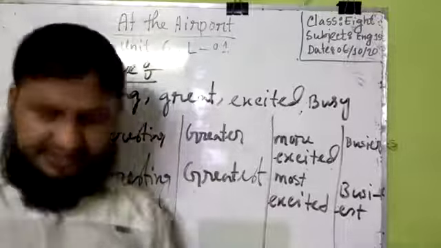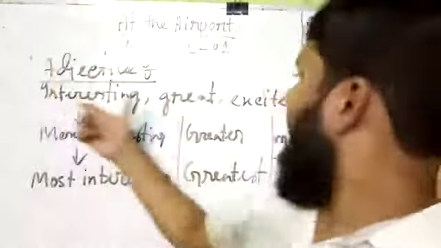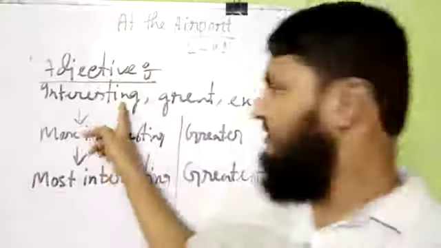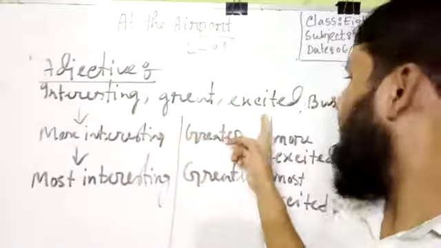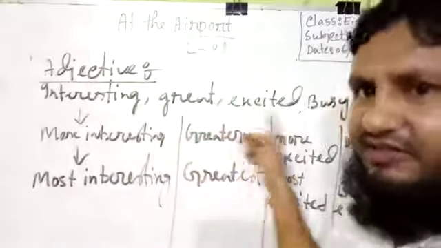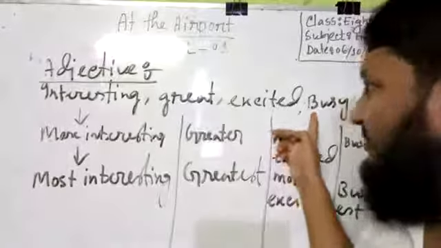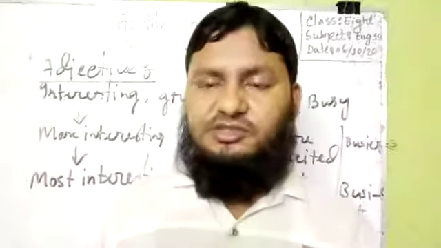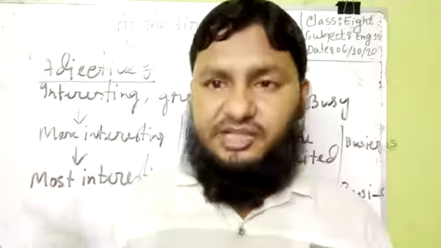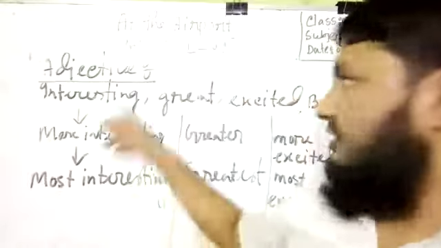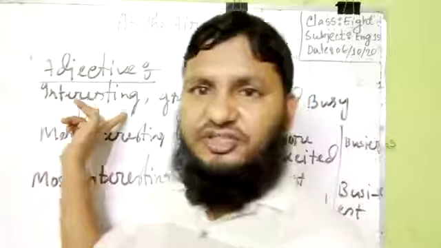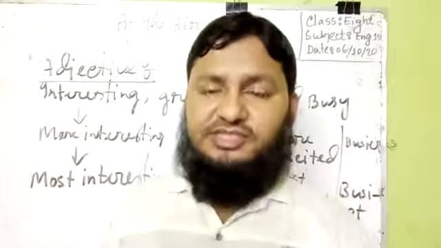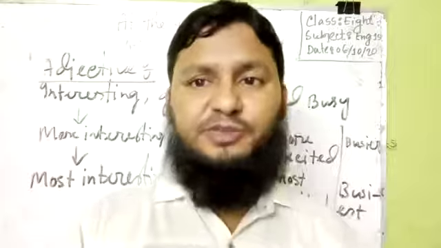My dear young learners, here we have written four adjectives. One is interesting, another is great, another is excited, and finally busy. From these four adjectives we have got some extra adjectives, because an adjective has three forms: positive form, comparative form, and finally superlative form.